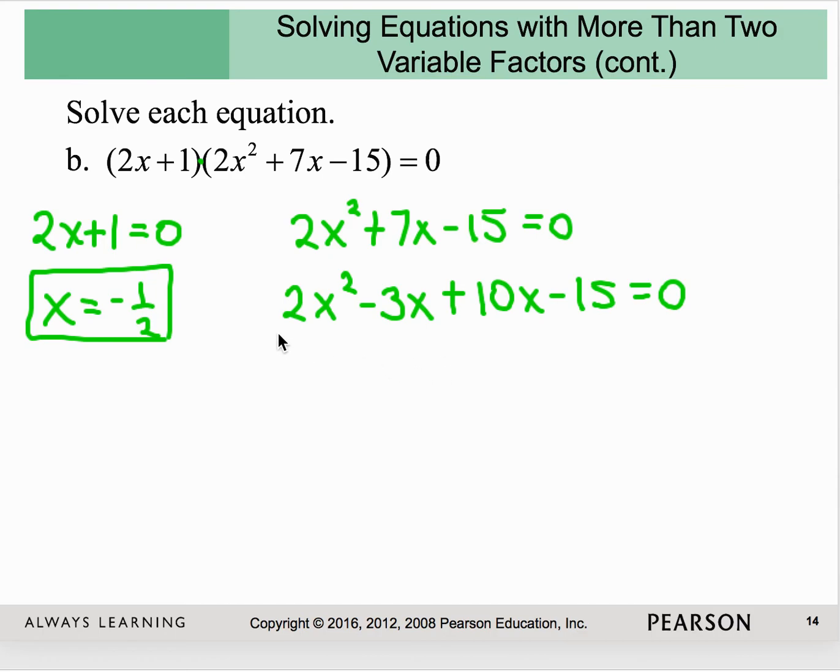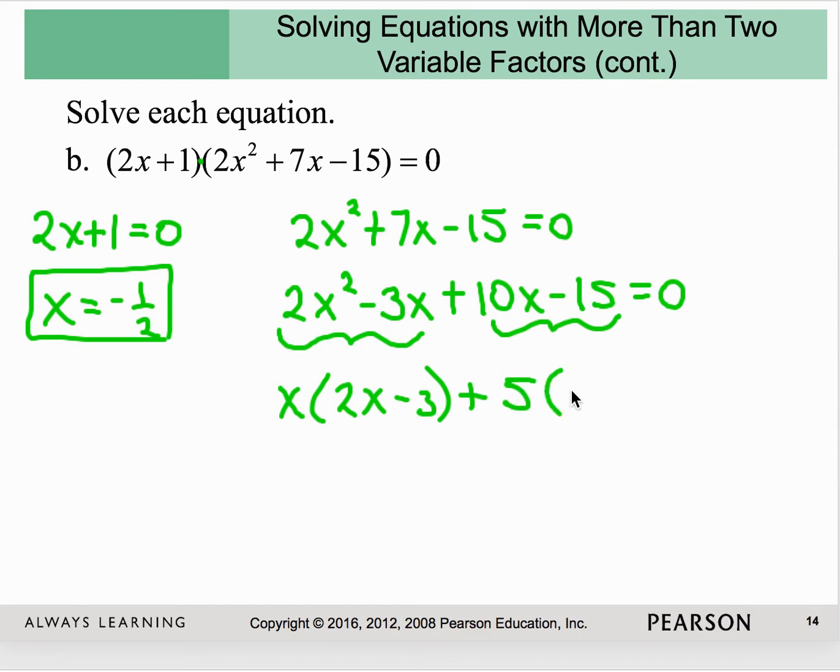All right, now we can factor it by grouping, right? Negative 3 times 10 is negative 30. 10 minus 3 is 7. And we can factor by grouping. Take out an x. That leaves 2x minus 3. Plus sign, so no worries, because I wrote it that way on purpose. Okay, take out a 5, and that leaves 2x minus 3.